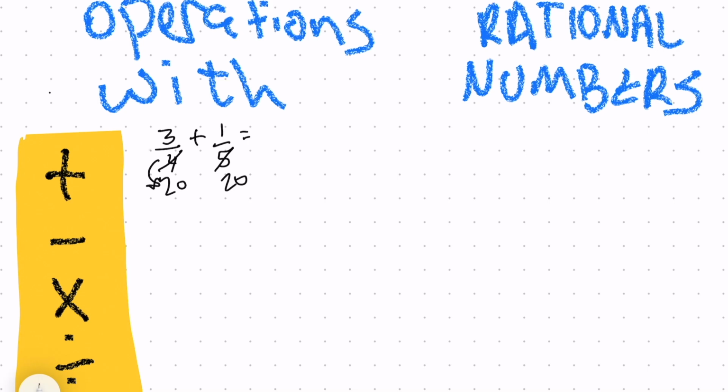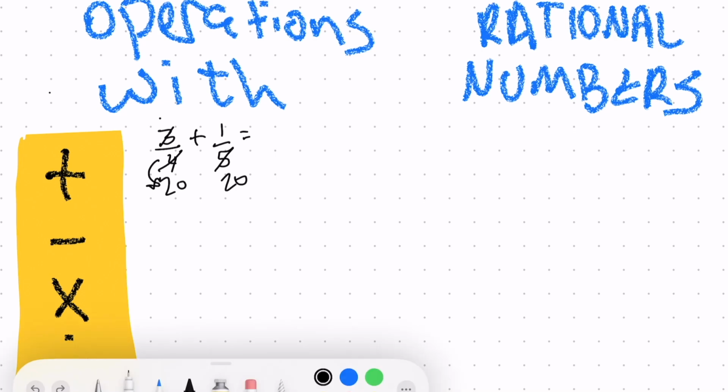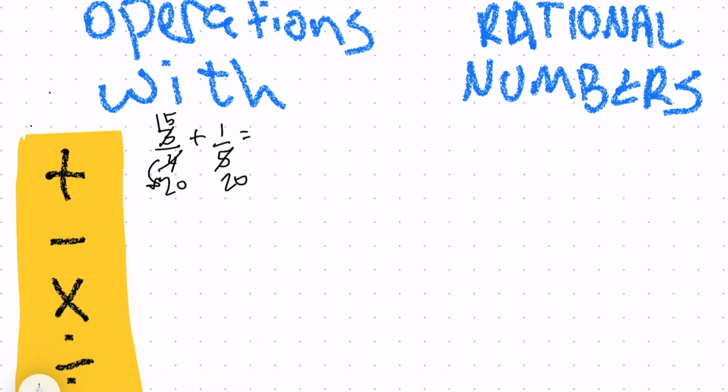That's 5 times. So we multiply that 5 by the 3 up top, and 3 times 5 is 15. Let's do the same thing for the second fraction. How many times does 5 go into 20? That's 4. And 4 times 1 is 4. Now that we have common denominators, we can add horizontally. So 15 plus 4 is 19, and the denominator stays the same.